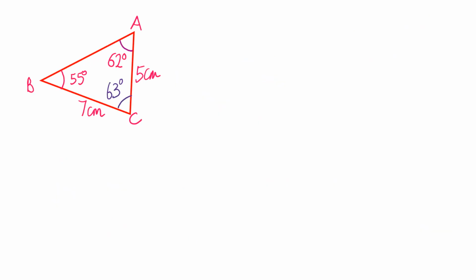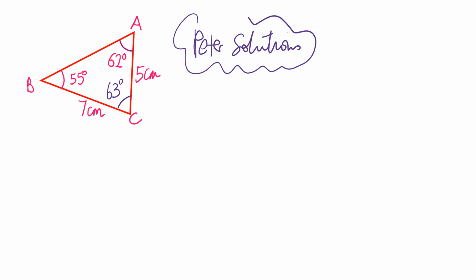Alright, let's look at two more student solutions. So what happened now is that the two students managed to find the angle ACB. Right, the two students understand that we have to use the included angle, the angle between the two sides, 7 cm and 5 cm. Let's look at Peter's solution.